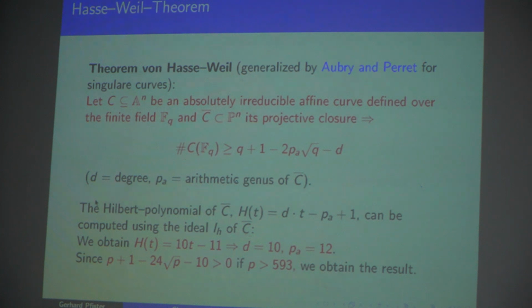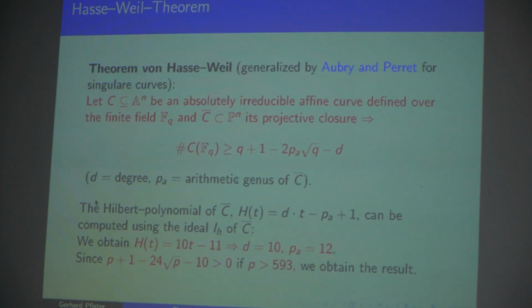So now we try to have this estimate, and we saw that if the prime number is greater than 593, then the number on the right-hand side is greater than 0. And so for all primes greater than 593, we have rational points on the curve.